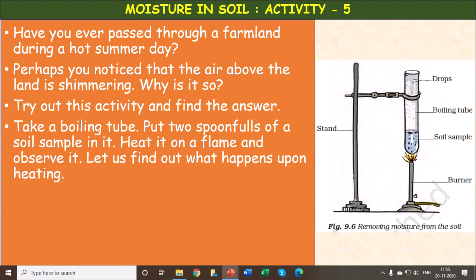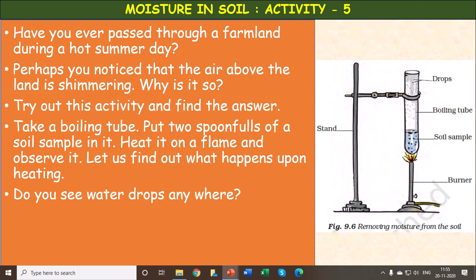Let us find out what happens upon heating. So this is the setup: the stand and a Bunsen burner, and the test tube with the soil sample. We are not adding any water. Simply start heating.